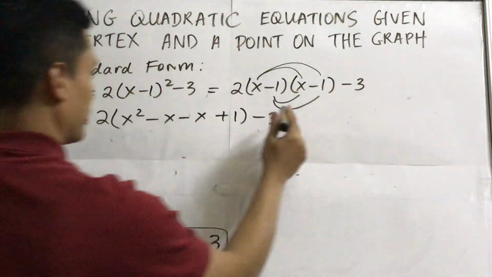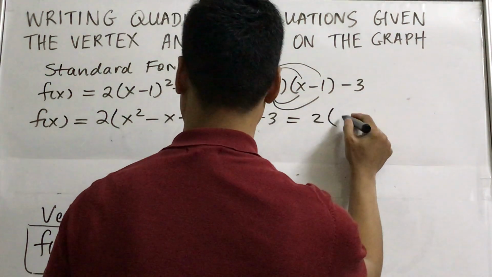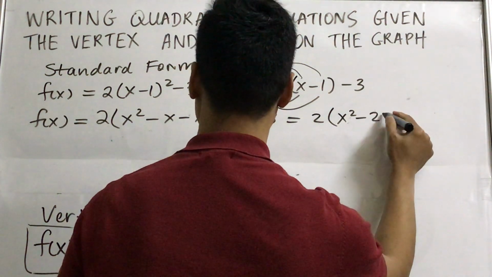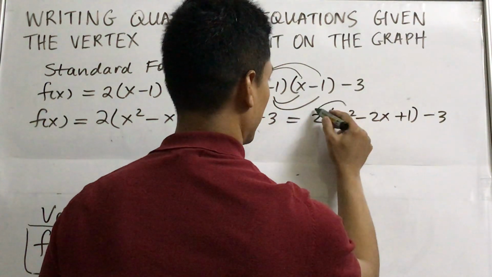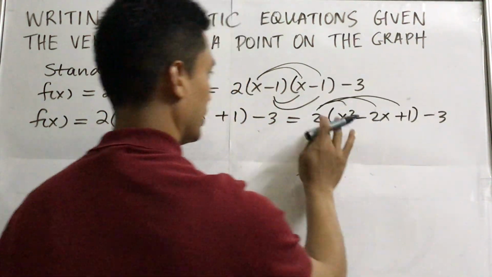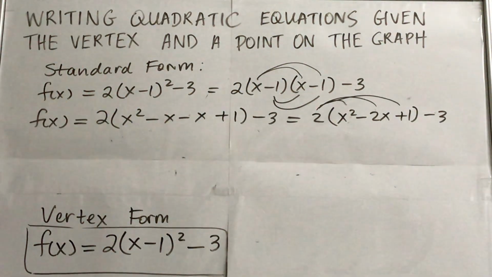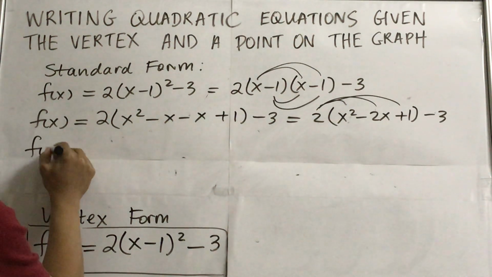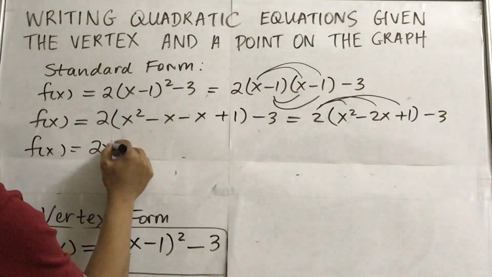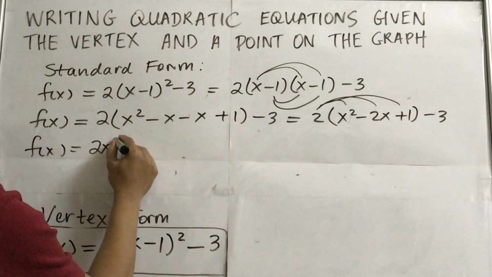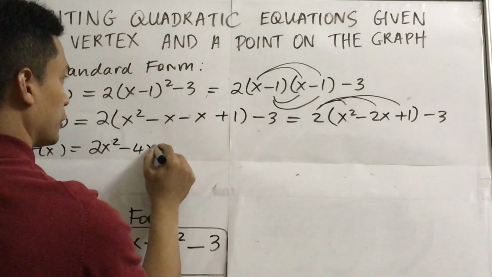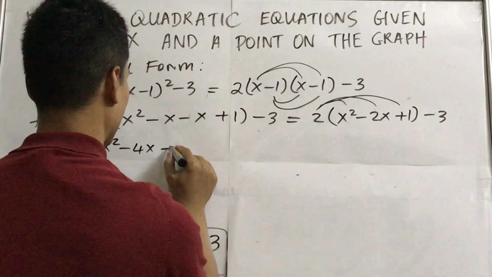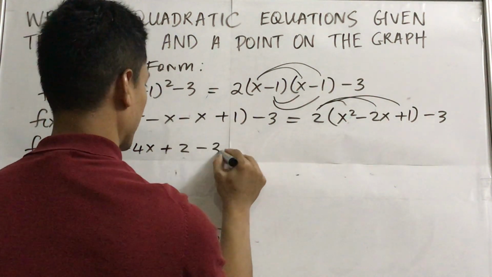Let's keep simplifying what's inside the parentheses. And don't forget to distribute the coefficient that's outside. And we will have 2x squared, 2 times -2 minus 4x, 2 times 1 is 2, minus 3.